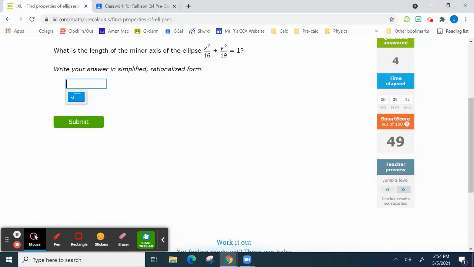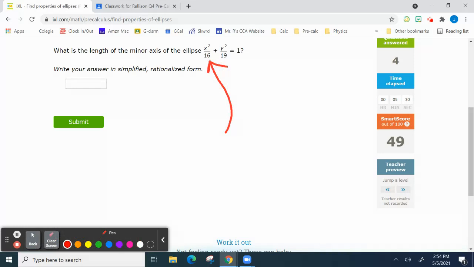So let's go back here, and it says, what is the length of the minor axis? So that is going to be the shorter of the two, 8. And remember, 16 is the quantity b squared. So b equals the square root of 16 equals 4. The length 4 is half the length, right?